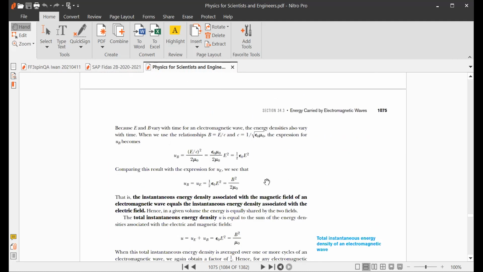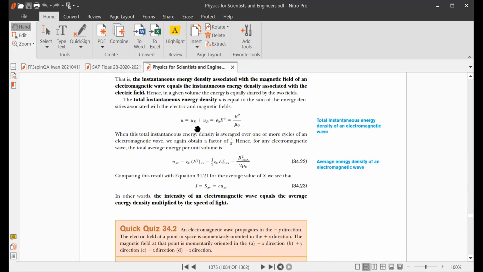So we get that the magnetic energy density u_B is equal to u_E, so it should be twice. So we have epsilon 0 E squared or B squared over mu 0. After some computation, we get that I is equal to the average of the magnitude of the Poynting vector, which is equal to c times the average of the energy density per volume of electromagnetic waves.